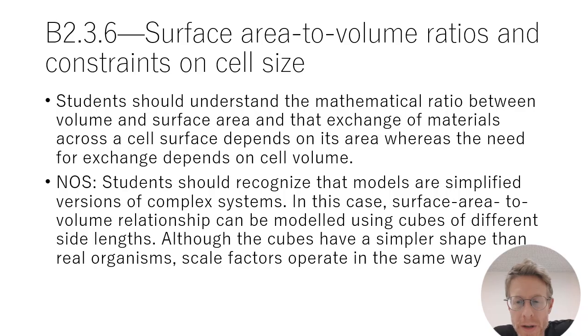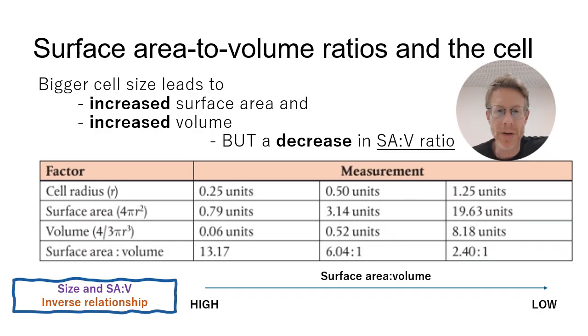But in general, cells are limited in size. They can't get too big because of this issue of surface area to volume ratio. This is a little bit of math here, but basically, surface area is always something squared, right? And volume is something cubed.